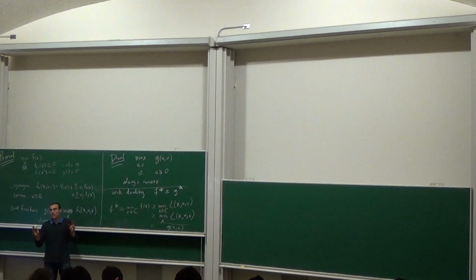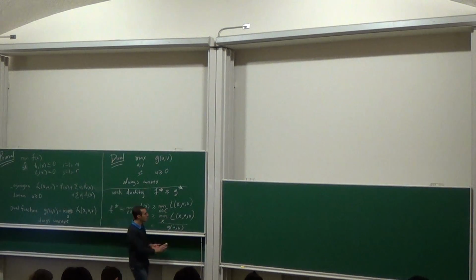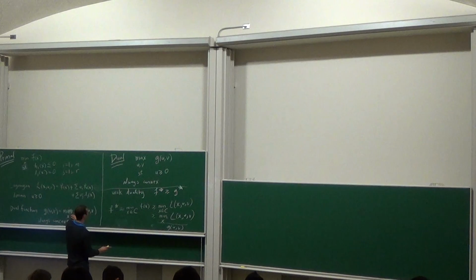Okay, but the only really clever thing we did is that we decided to minimize the unconstrained Lagrangian rather than the constrained one, because we knew it would still give us a lower bound. AJ asked the question, how do we do this minimization?